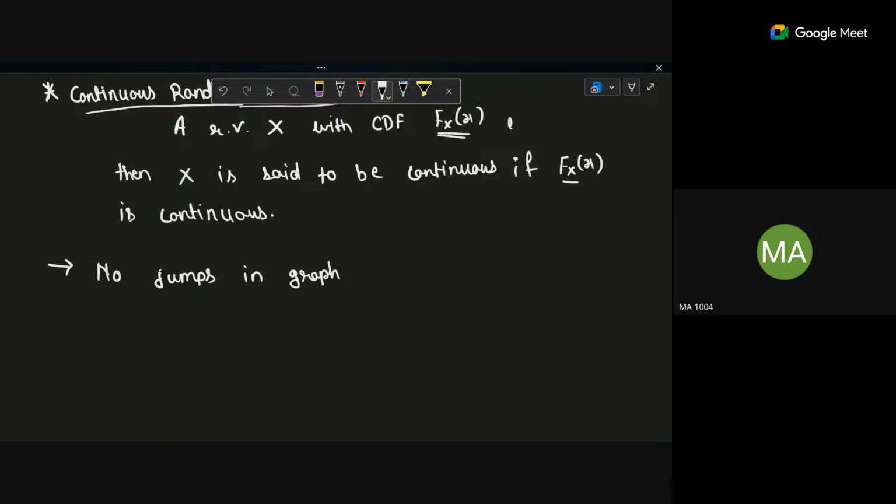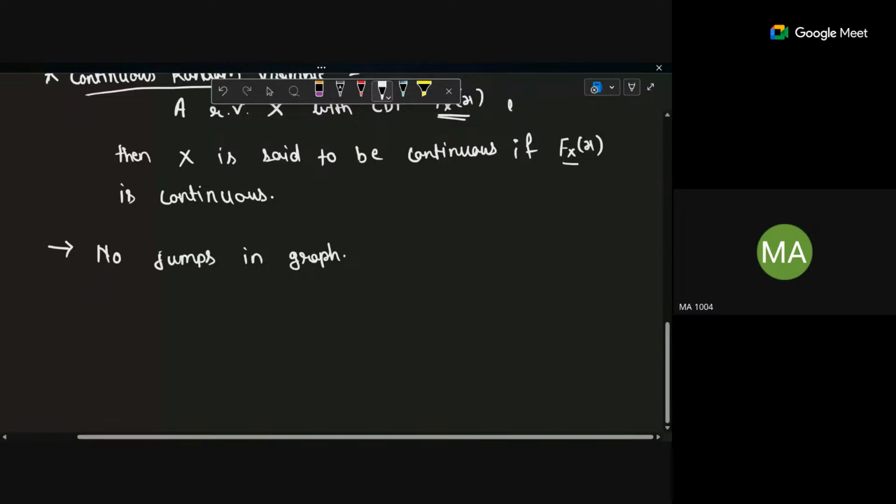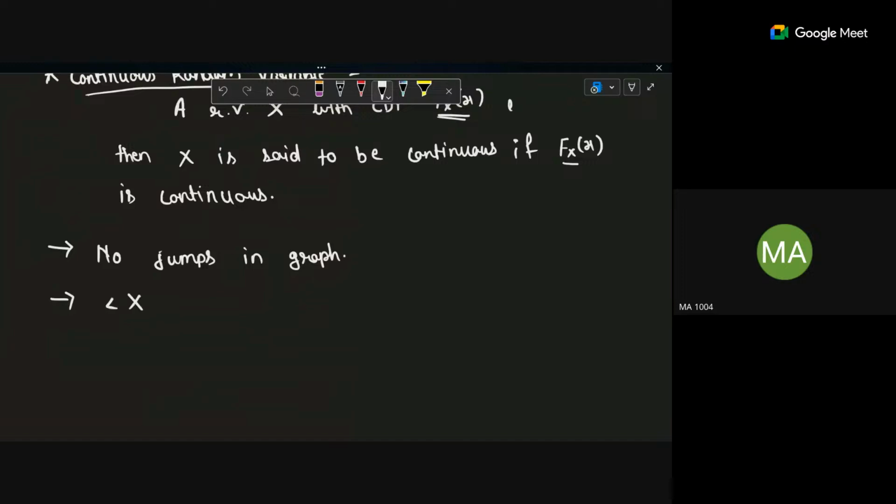And what else can we say? If you take any interval for x, let's say x lies between a and b, then this closed interval [a, b] is an interval, right? If you choose any interval, then it should give B minus A, or what?